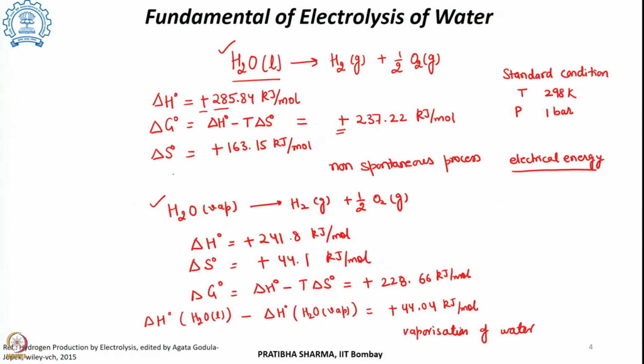This is important: suppose you want to go for water electrolysis. Water is in the liquid condition. That means you have to spend some heat energy, and also you have to spend some electrical energy. Heat energy can also be spent by means of work done.